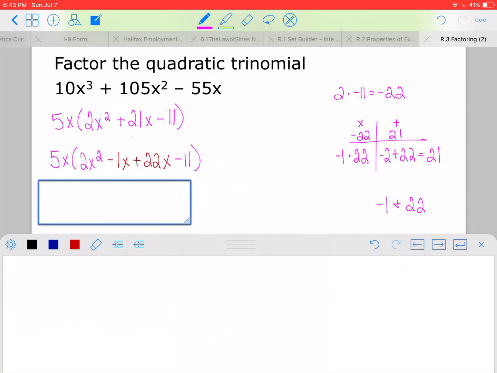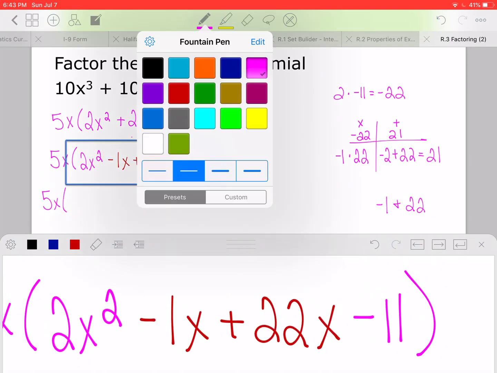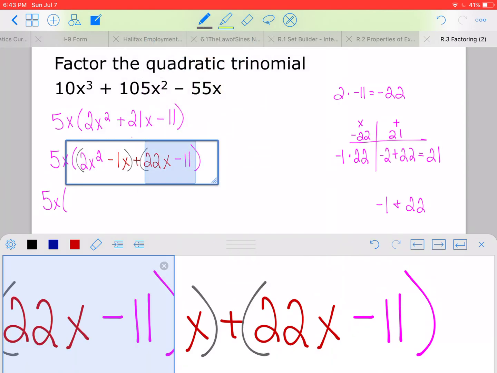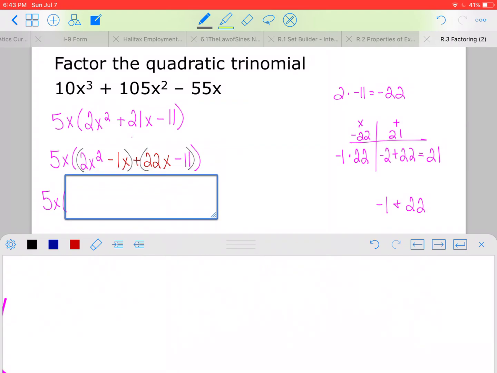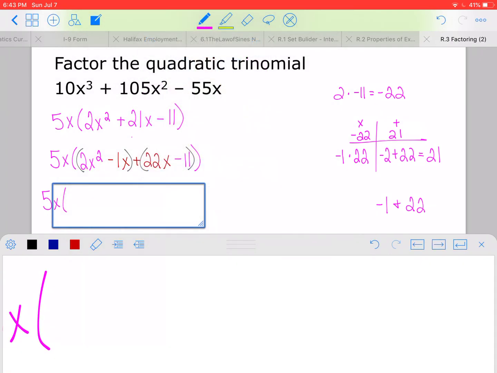Again, just bring down the 5x, and we're going to group inside our parentheses here. And in the first pair, 2x squared minus 1x, and x can come out. And we're left with 2x minus 1.